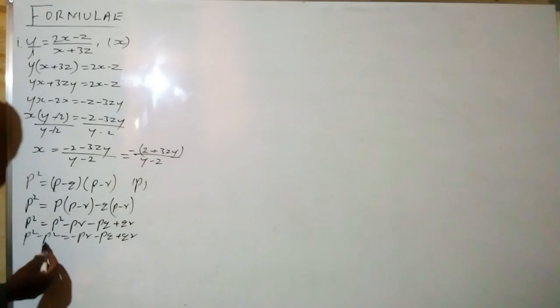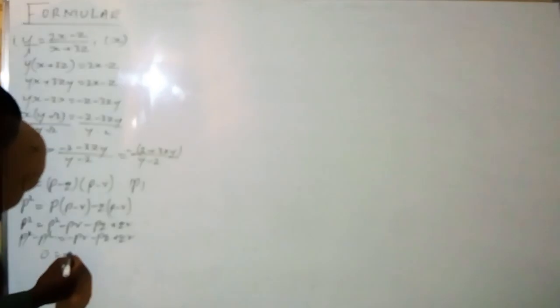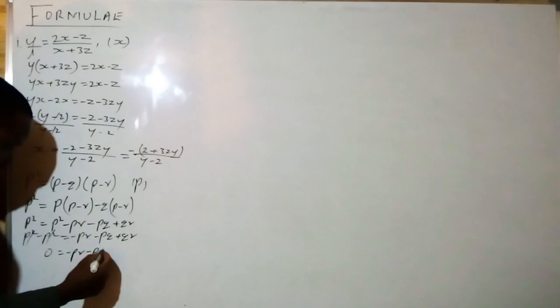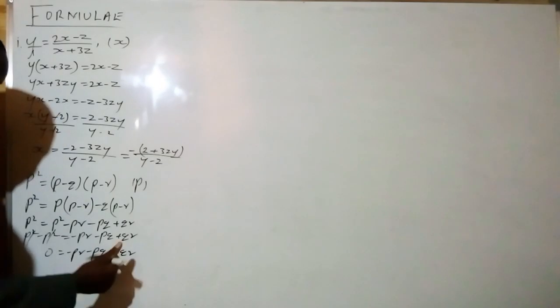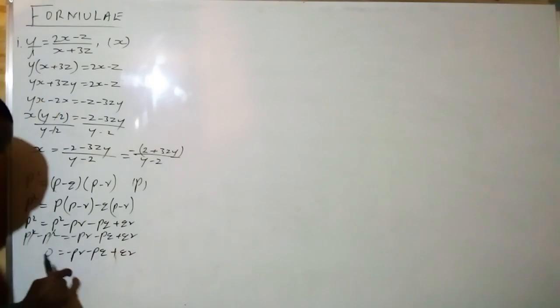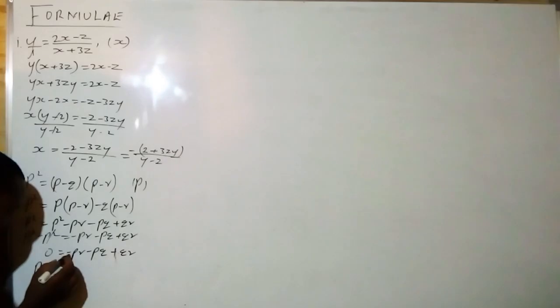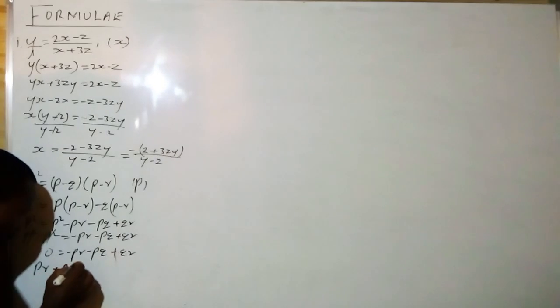Therefore you have 0 is equals to negative pr, negative pq plus qr. Then that being the case, we take the values with p from right to left, to have pr, and the sign changes from negative to positive, plus pq is equals to qr.